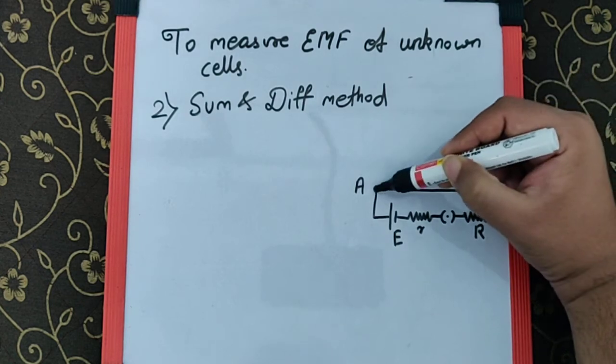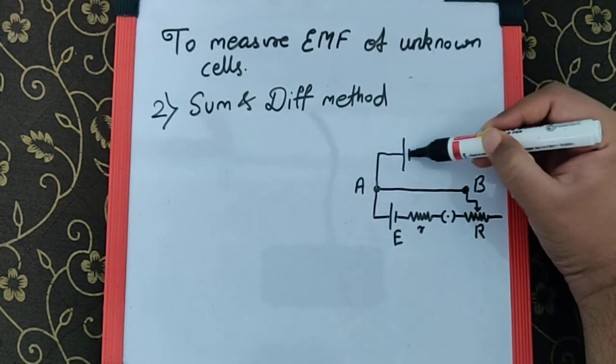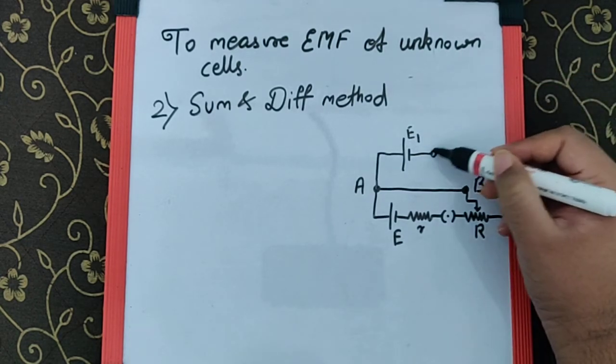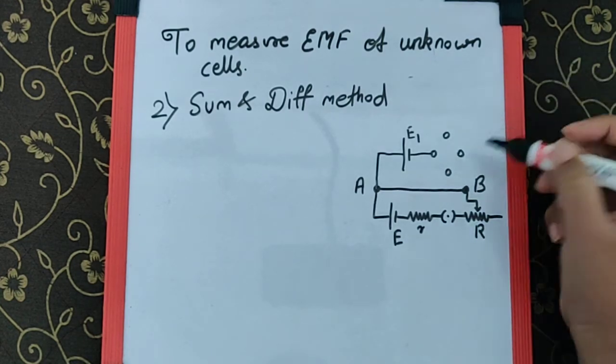This time we connect the EMF E1 over here, and then we connect a four-way key at this point.